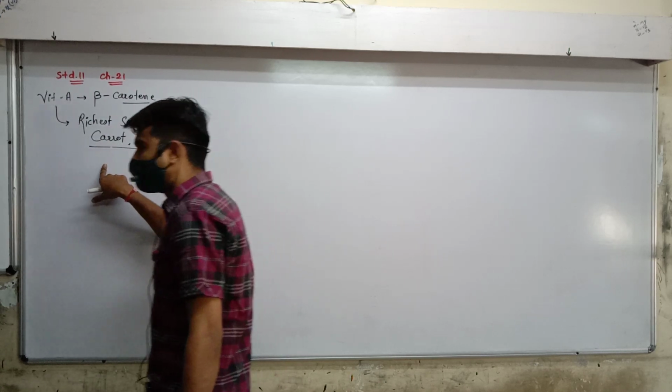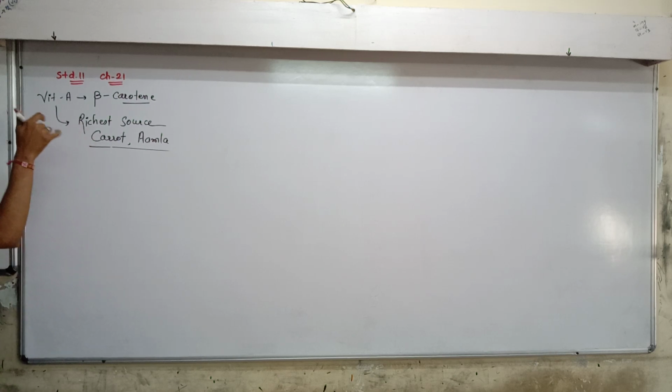If you want to improve your visual power, eat it. Vitamin A is very, very essential for activation of the rod cells for dark vision.